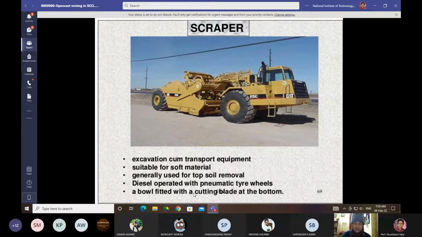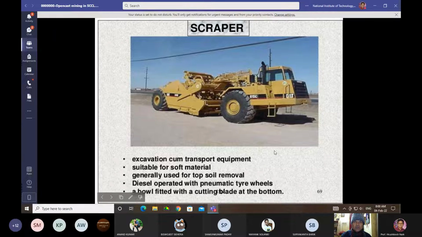Therefore, it is called excavation cum transport equipment. It is suitable for soft material. Scraper is used for removal of the soft material. It is generally used for topsoil removal. It is diesel operated with pneumatic tire wheels. A bowl fitted with a cutting blade at the bottom of the machine. So this is called your scraper.